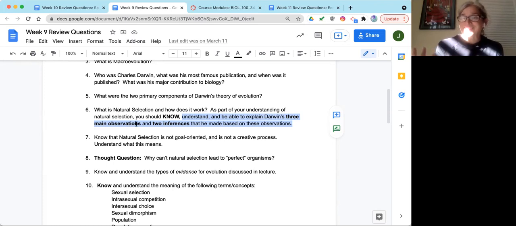The second observation is that there is competition for limited resources, and then the third is differential survival and reproduction. With my rabbit example, that competition is not so clear to point out. So sometimes that happens, sometimes it doesn't. But what's really happening is there has to be differential survival and reproduction.